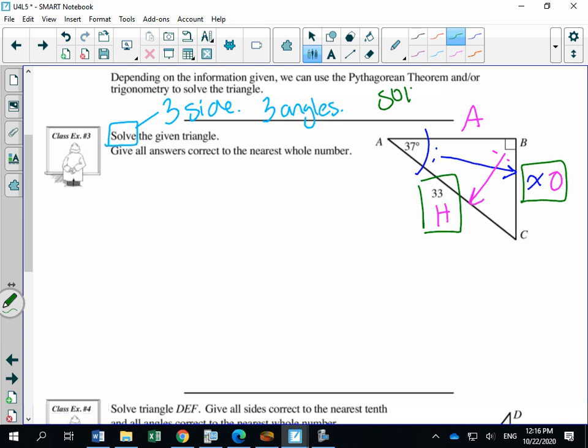Let's write our SOHCAHTOA at least once for each question we'll do. Jimmy, between sine, cosine, and tangent, which ratio do you want me to use? Sine is right. The sine of 37 degrees is equal to O over H, X over 33. 33 is on the bottom. Multiply both sides by 33.